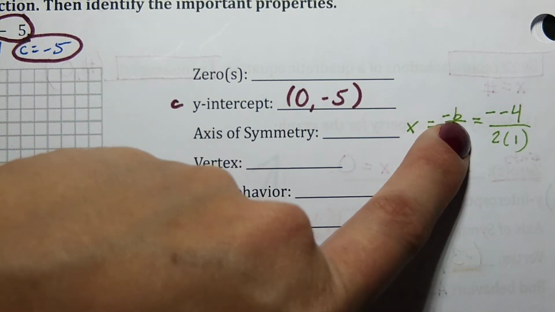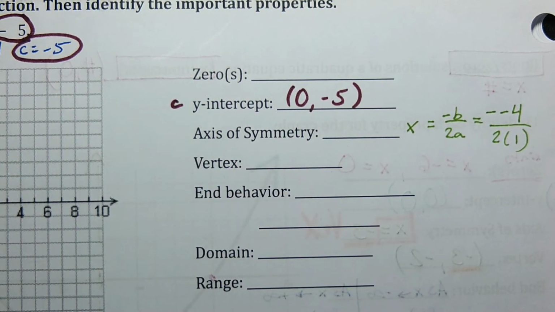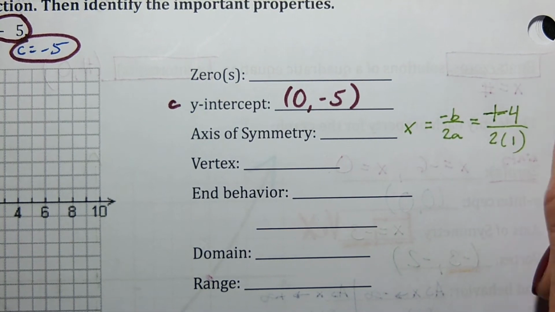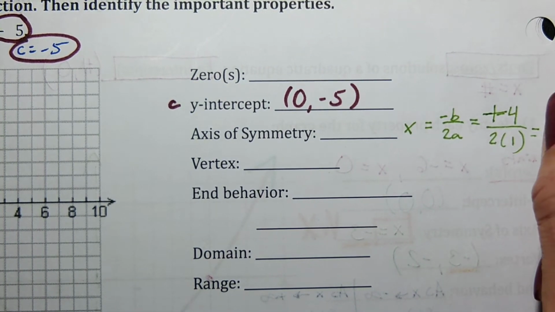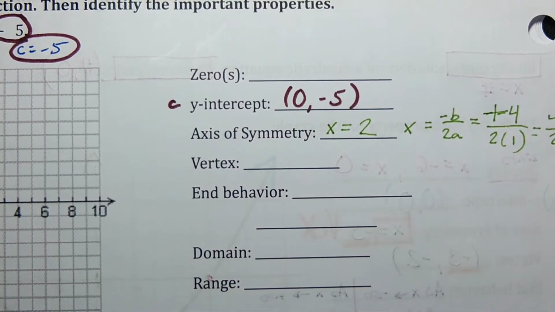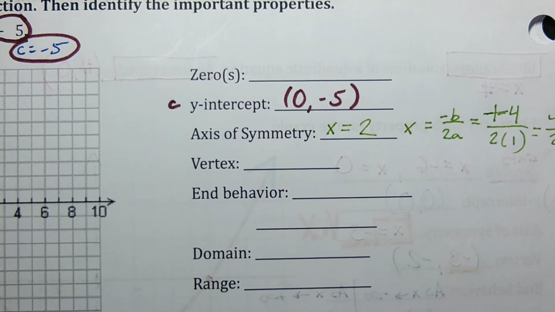There's a negative in the equation itself, but when b is also a negative, those negatives turn into a plus sign. And 4 divided by 2 gives me 2. So our axis of symmetry is at x equals 2.